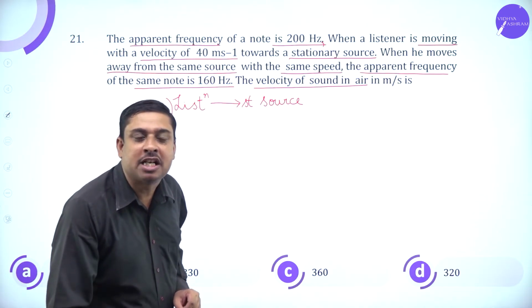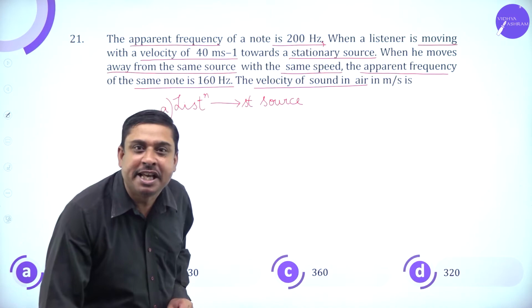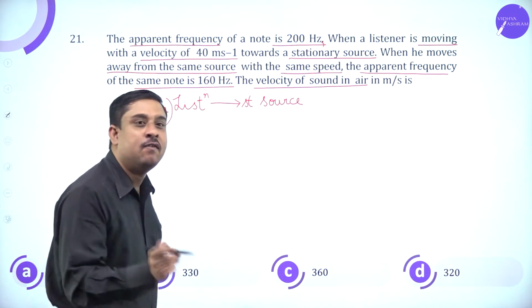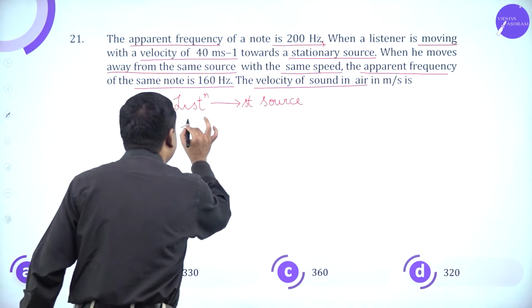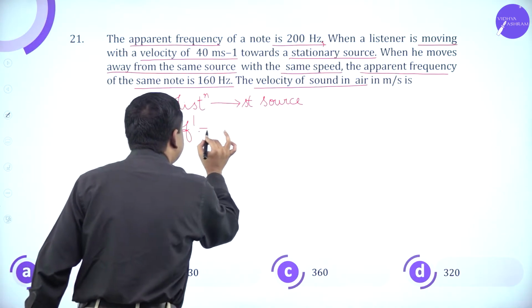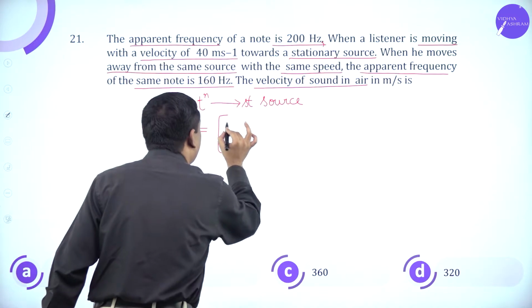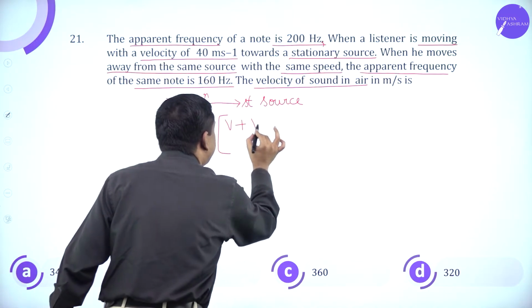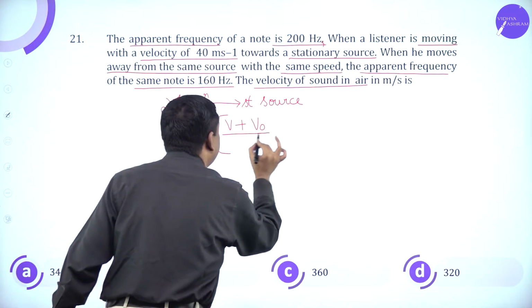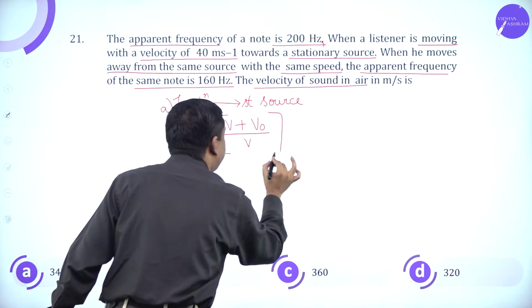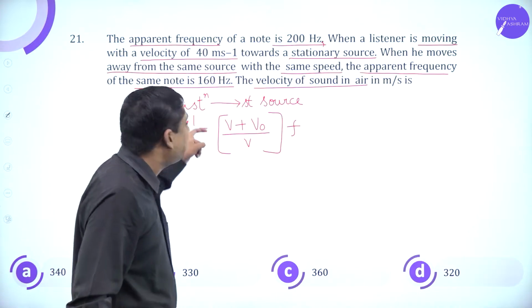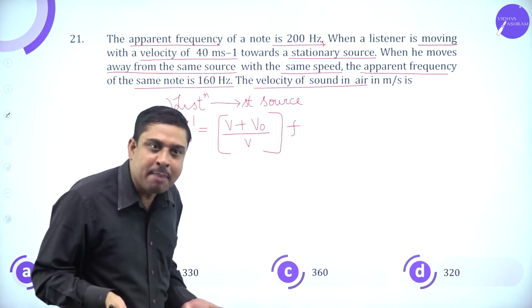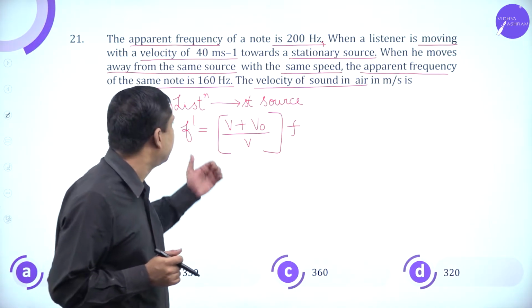What is the expression for apparent frequency here? We have studied that. Doppler effect ನೆನಪಿಸ್ಕೊಳ್ಳಿ. F dash is equal to (V plus V naught) divided by V into F. F dash ಅಂದ್ರೆ ಏನು? ಅದೇ apparent frequency.